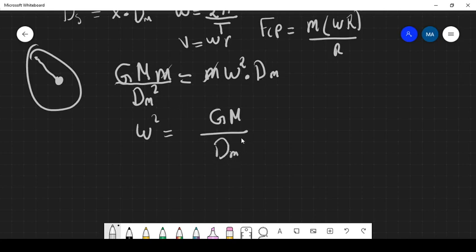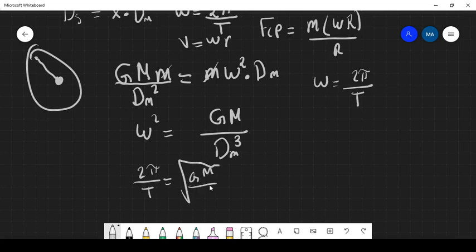Because this goes to the other side, cubed. Okay, but what was w? W was 2 pi divided by T. So 2 pi divided by T equals this square root over here, GM divided by d of the moon cubed.